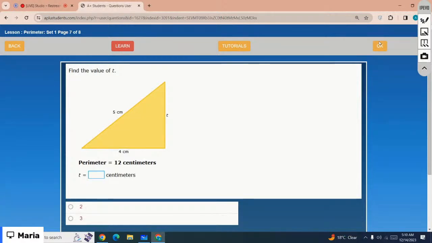Find the value of t. You are given the parameter and the rest of the two sides. You need to calculate the missing one. How do you calculate?